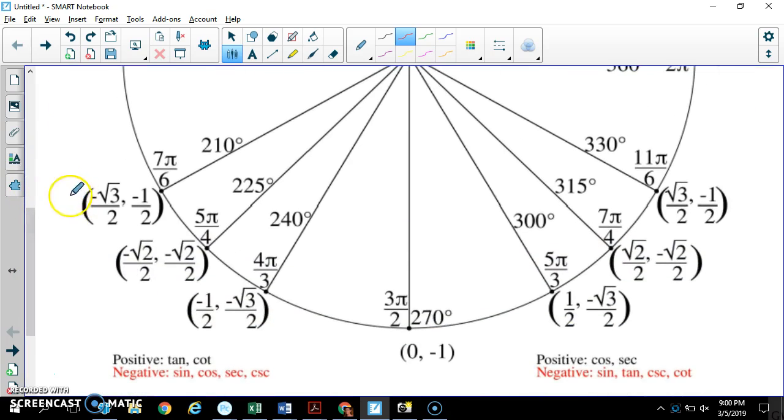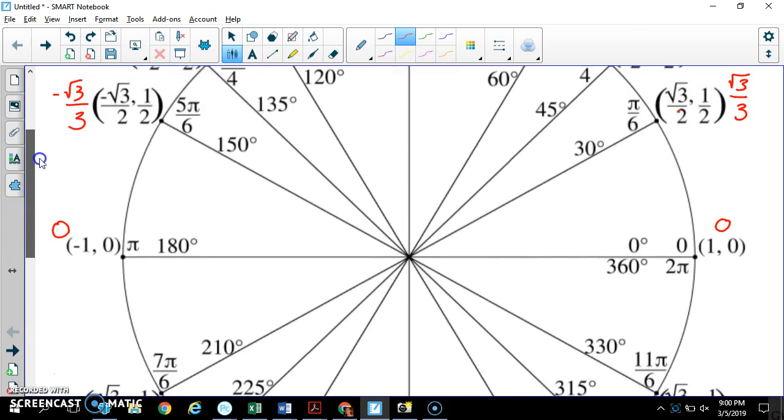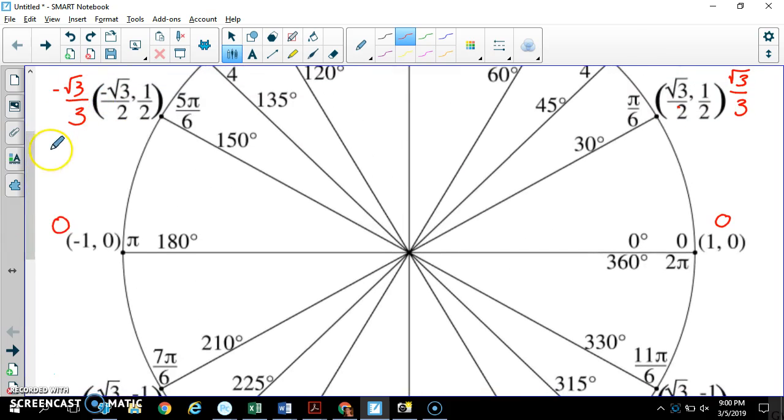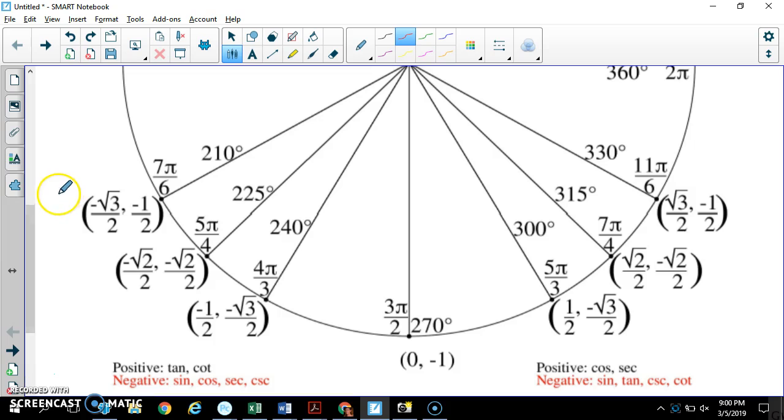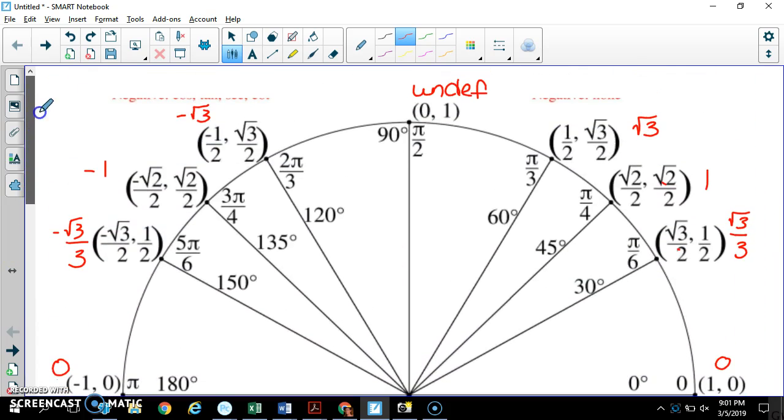Again, if I folded it over right here, this one is negative square root 3 over 3, so this one is going to be positive square root 3 over 3. Positive 1, positive square root 3, undefined. And over here I have negative square root 3, negative 1, and negative square root 3 over 3. And just like that, I have my tangents all the way around my unit circle.